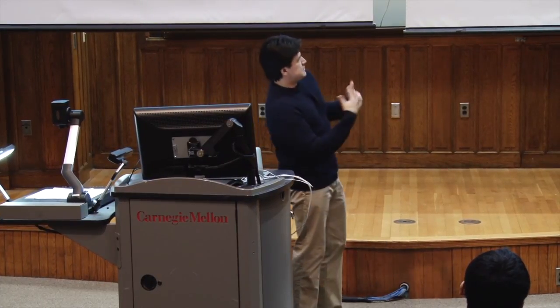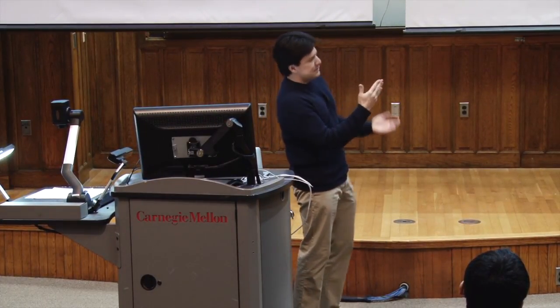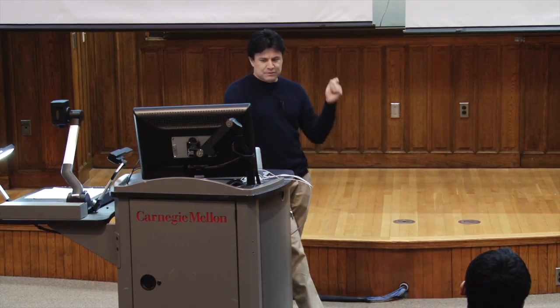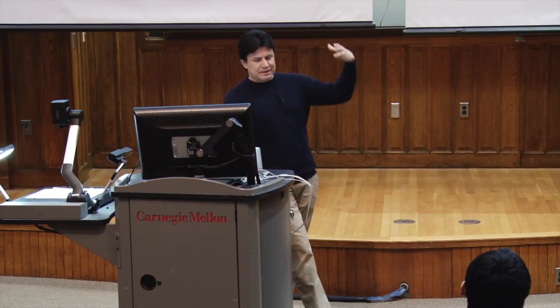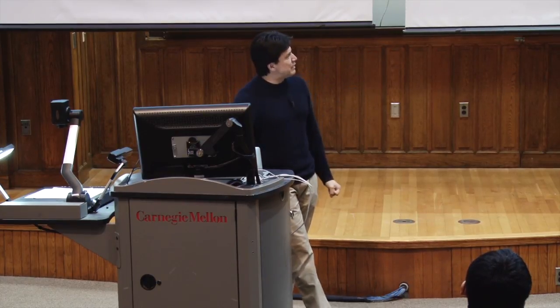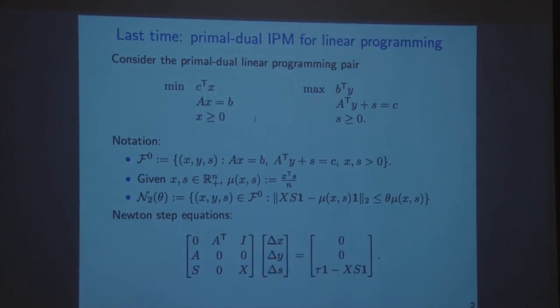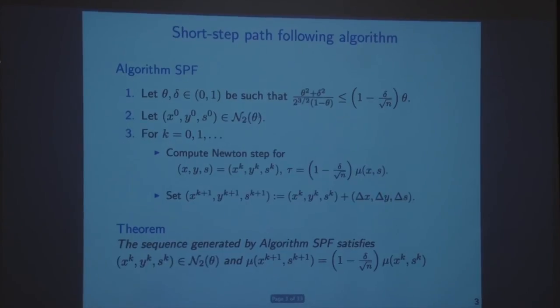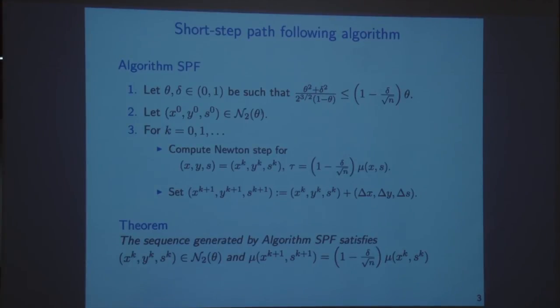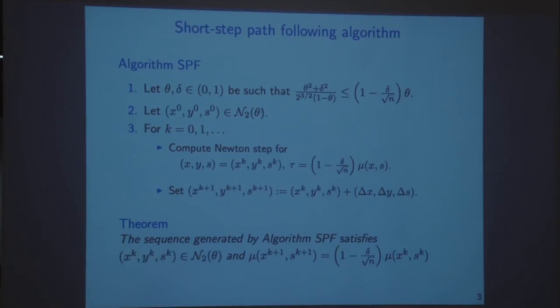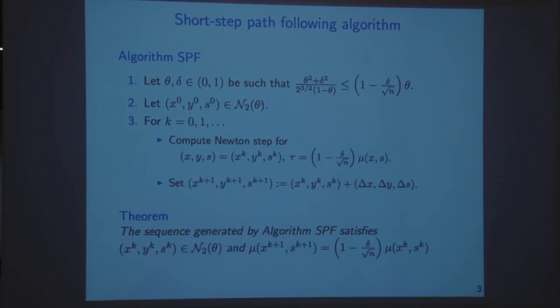And the update is done by performing one step of Newton's method. So from iterate k to get to my new iterate k plus 1, what I do is solve the system of equations here that defines the Newton step at the current iterate, so xk, yk, sk, and then we update to the new one. And then the key theorem is that this algorithm generates points that are near the central path.